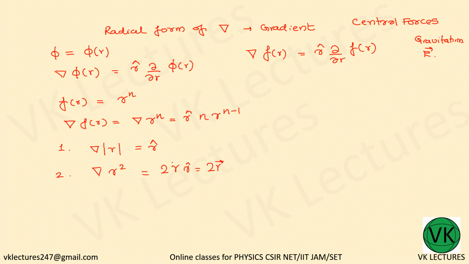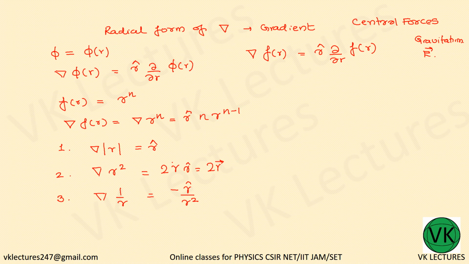So r into r cap is nothing but the vector r, right? Now the third one, let us write down for 1 by r, so it's nothing but minus r cap divided by r squared.